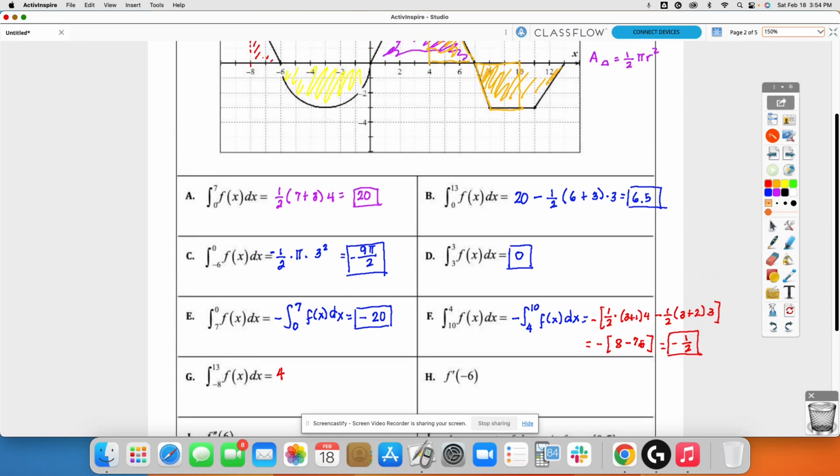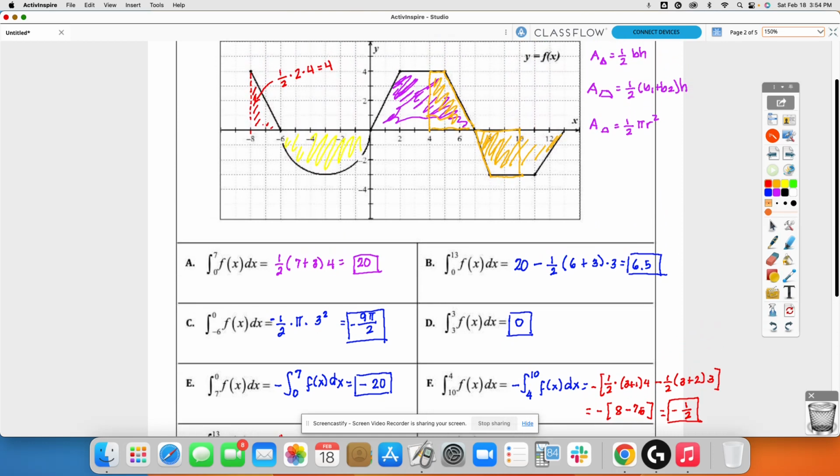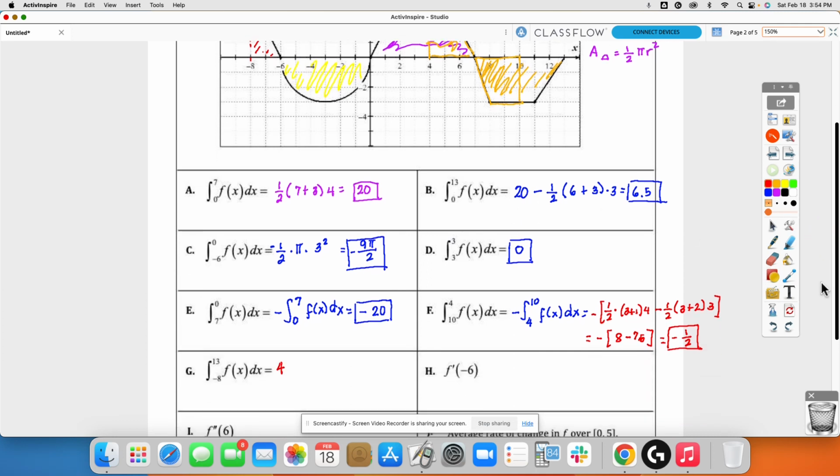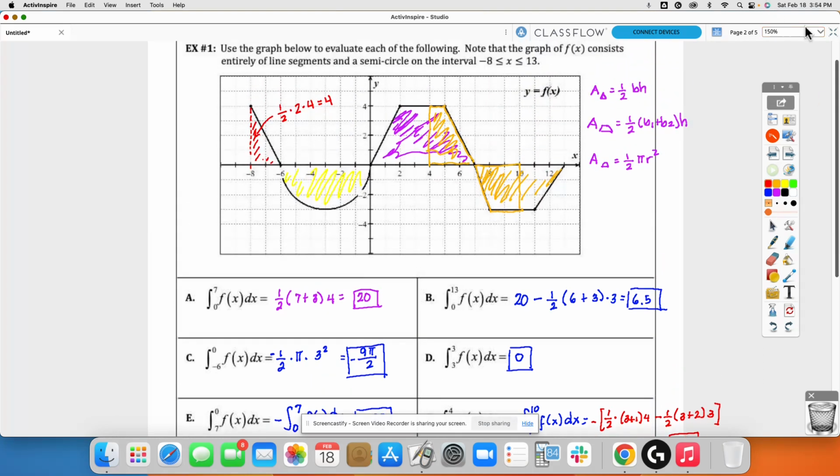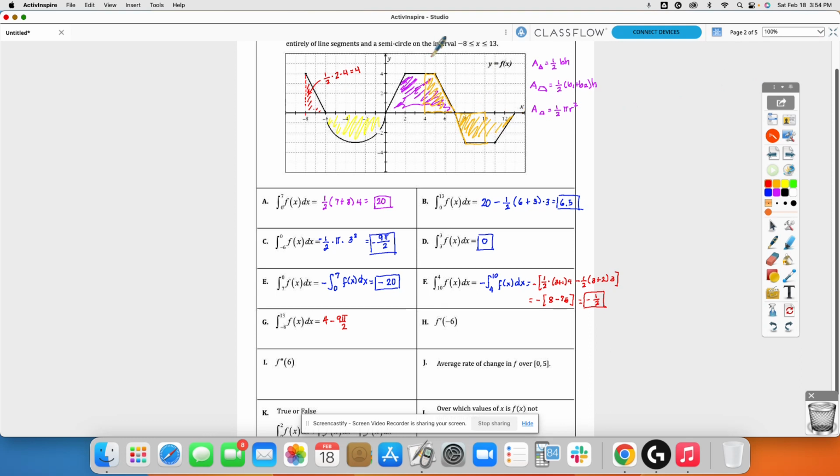And then the semicircle, we found that out to be equal to negative 9 pi over 2. It's below the x-axis. And then the next one. Okay. The next one would be this area here from 0 to 7. From 0 to 7, we have 20.